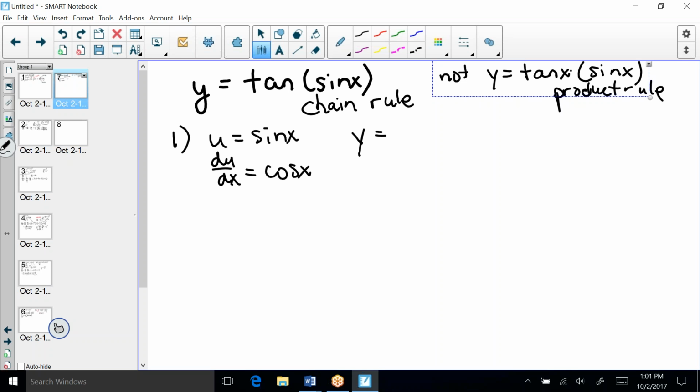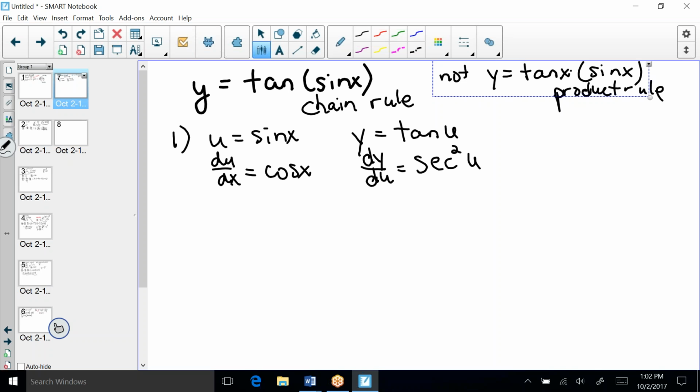And then let's find our outside function, y. y is tangent of u. So we're finding dy/du. The derivative of tangent u is secant squared of u, since u is our variable.